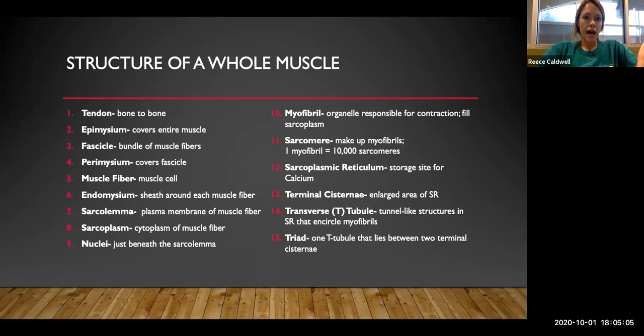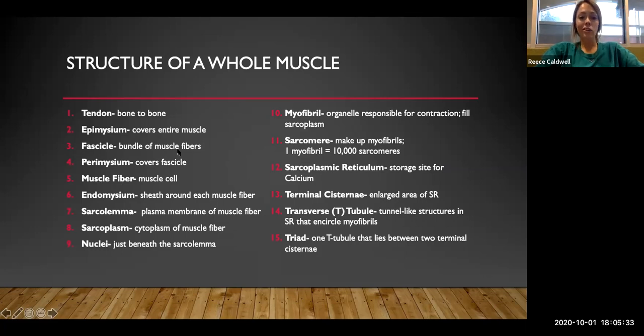Just like we have the cells of the nervous system, our brain cells, we also have muscle cells. We have blood cells, we have cardiac cells, we have a bunch of different types of cells. Whenever we're talking about a muscle cell, they call it a muscle fiber. I'm not sure why they call it a muscle fiber and not just a muscle cell, but anytime you hear a muscle cell, think muscle fiber.